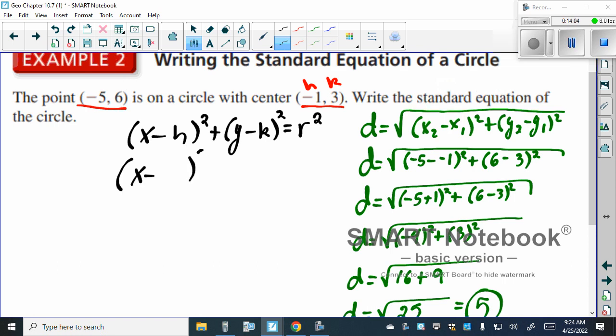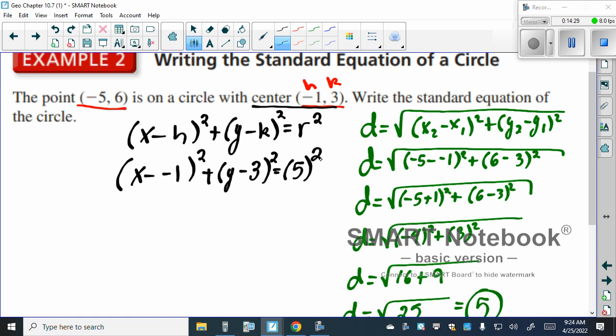As we have x minus h, our h value is what? -1. Plus y minus our k value, which is just 3. And the radius we said is 5.